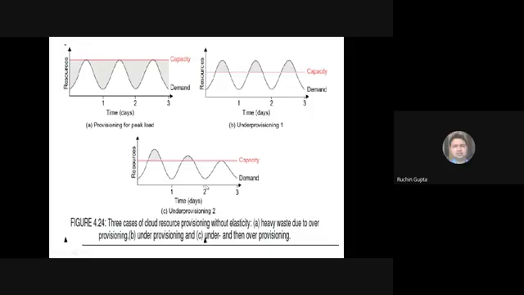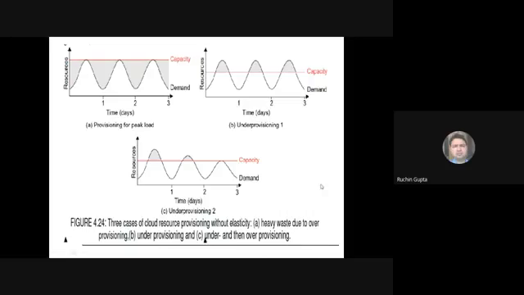Initially it is under provisioning, and with time the demand decreases while the capacity stays constant all the time. In that case, a number of resources are available and are not going to be utilized. So figure C shows the case of under and over provisioning.